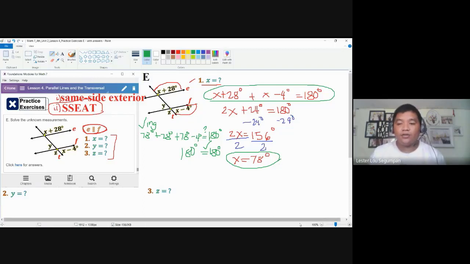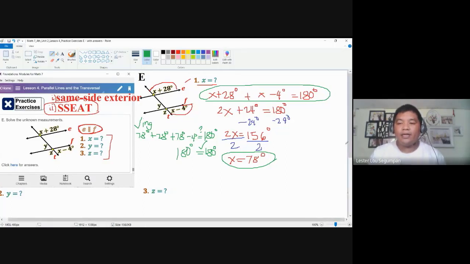Another checking that you could do here is by using the value for x in getting the values of each of these, and let's see later on if they are actually supplementary or not. So the x plus 28 degrees will become 78 plus 28 degrees, and that would become 106 degrees.